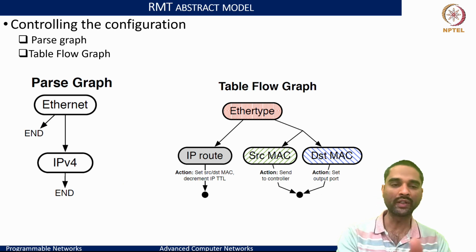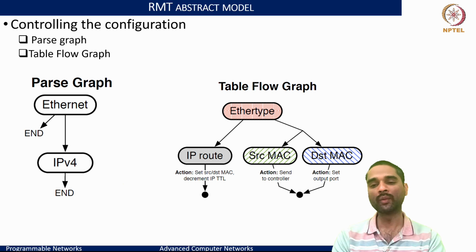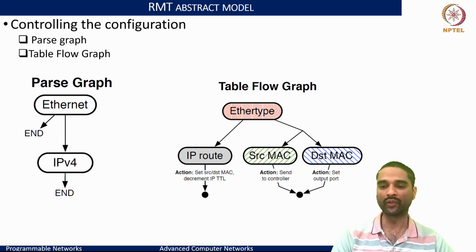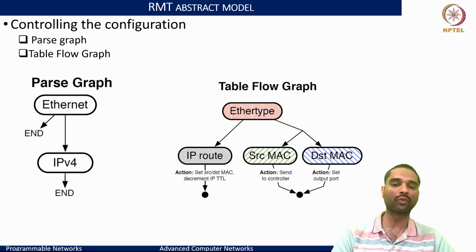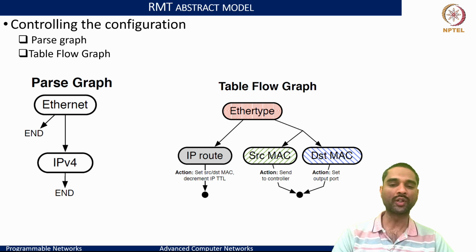So if it were just the Ethernet packet and no IPv4, you would, on the table graph, look at the ether type and take the actions on source MAC, destination MAC, like either set the output port or send to the controller. Or if it were an IPv4 packet, then based on the ether type, you come to the IP route and take the actions such as set source destination MAC and decrement TTL and so on.